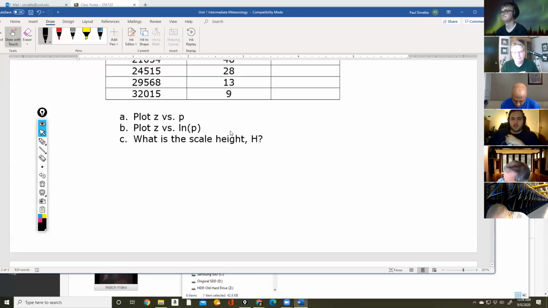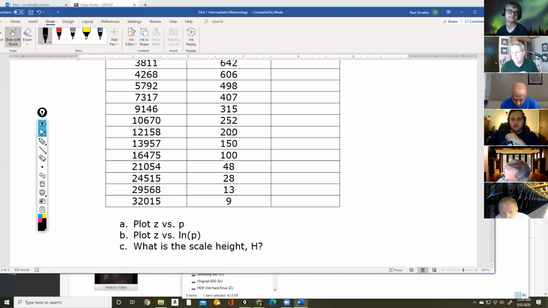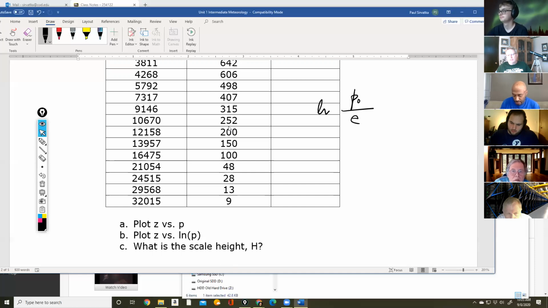So you just take natural log of pressure and then plot? Yes. And remember, the scale height is where the pressure drops by a factor of how much? E. Okay, so if I said that the scale height is when the pressure from the surface drops by a factor of E, what if I took the natural log of this?